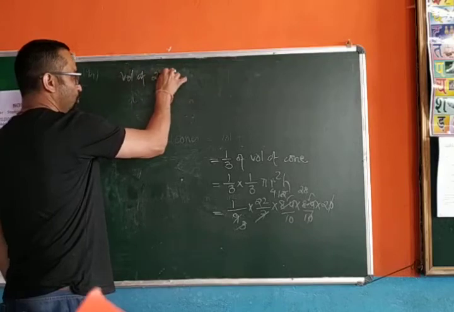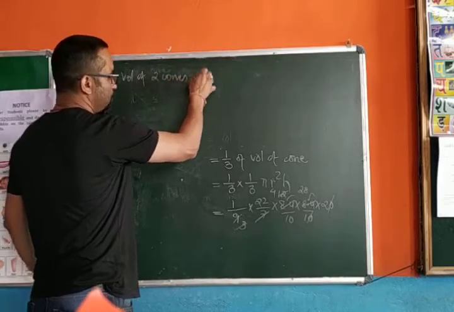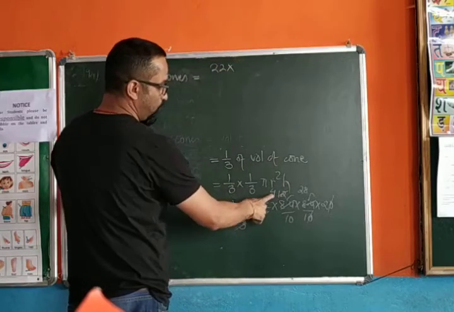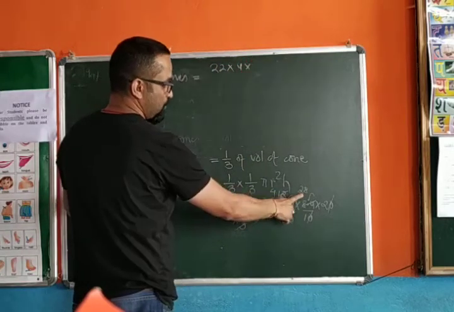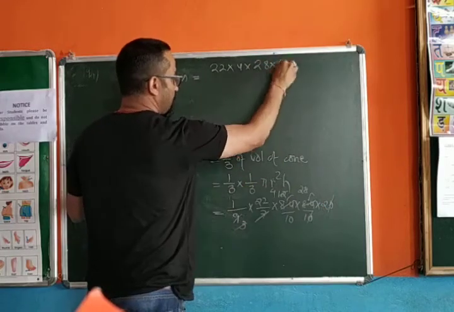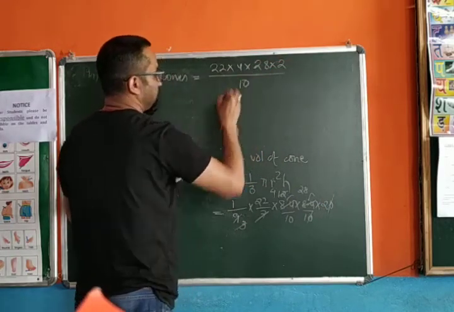Volume of 2 cones equal to, you are left with 22, 4, 28 and 2 divided by 10.